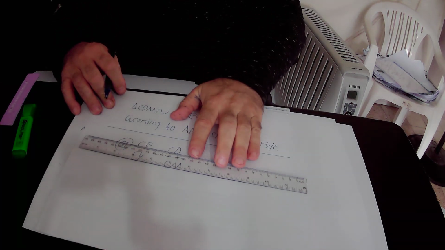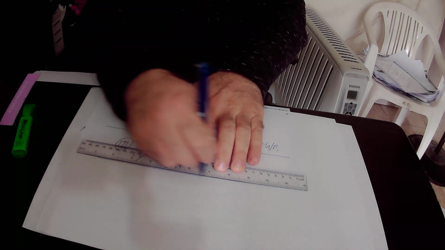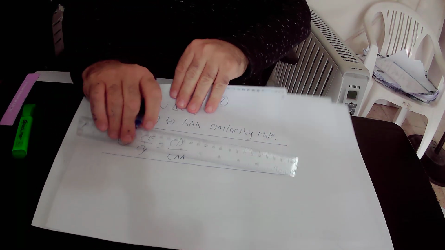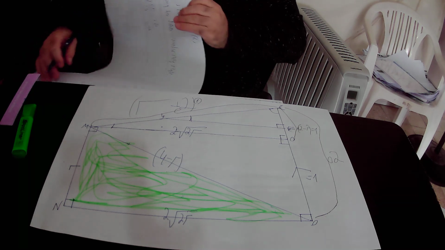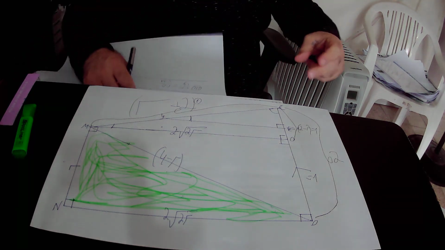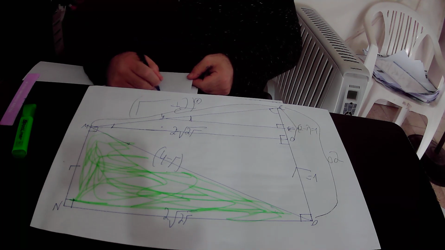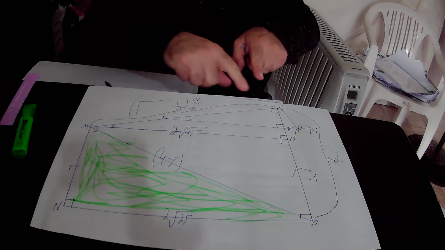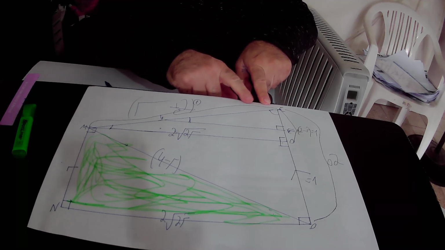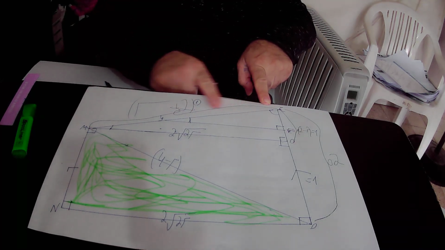Okay, but we have here CE over CY. What is the value of CY?